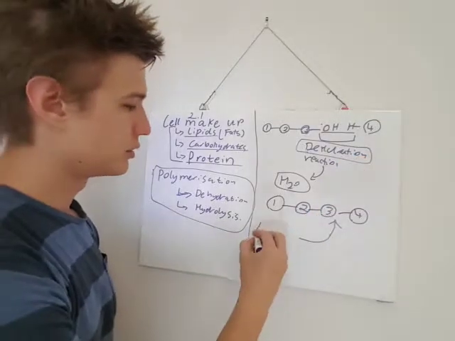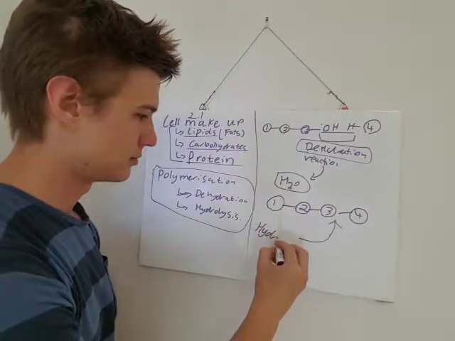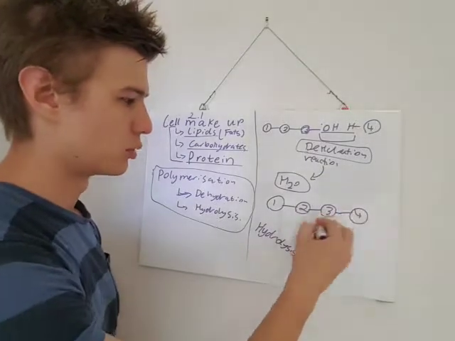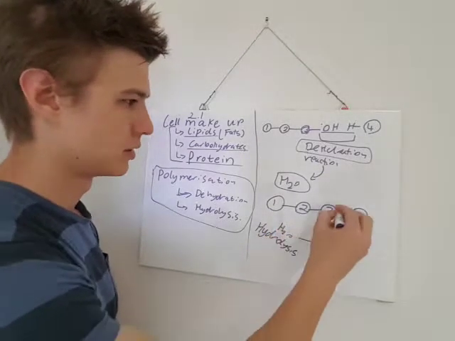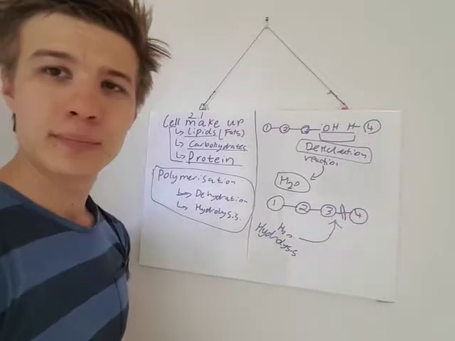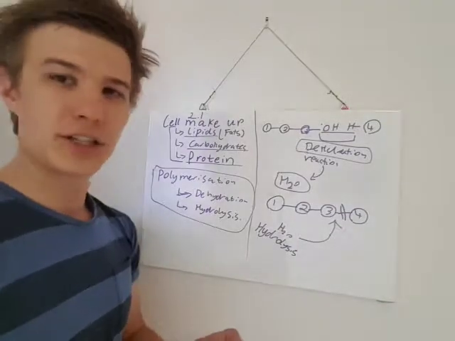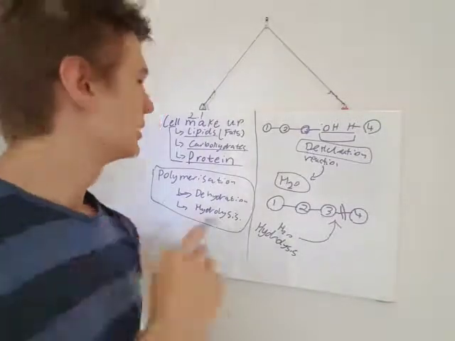And then we can do our hydrolysis to put the water back in, which breaks the link. And that is a very basic overview of the polymerization reaction. Next, we're going to talk about these guys.